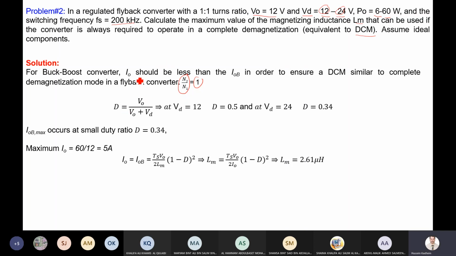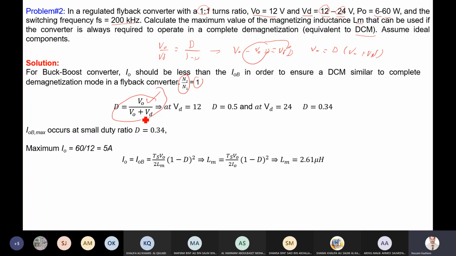Now, don't forget that VO over VD equals N1 over N2. Since they are 1-to-1, there is no need to write them directly, so it is D over 1 minus D. Now cross multiply: VO minus VO D equals VD D. I take this to the other side: VO equals D times (VO plus VD), and then I divide by VO plus VD.